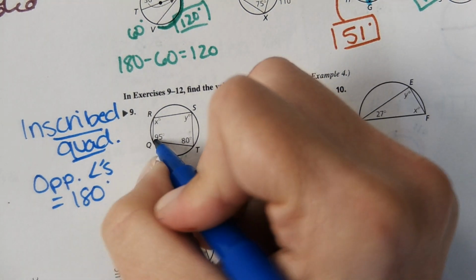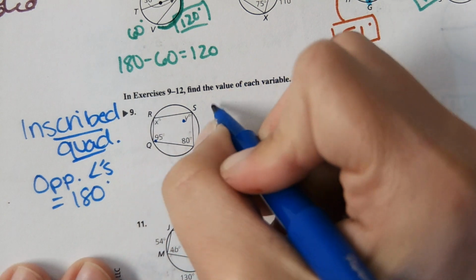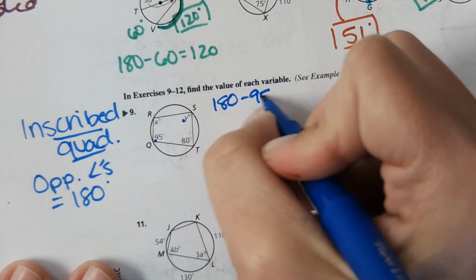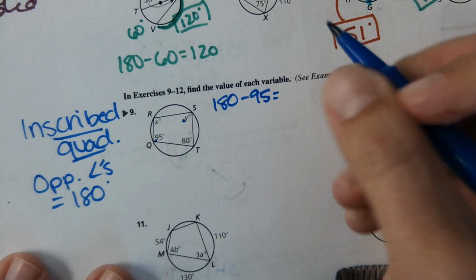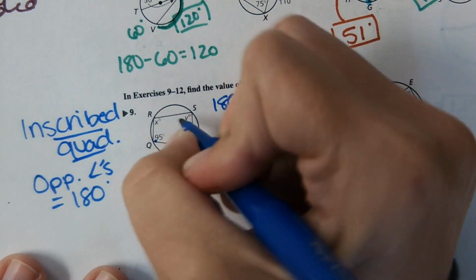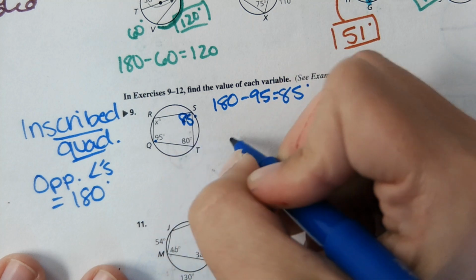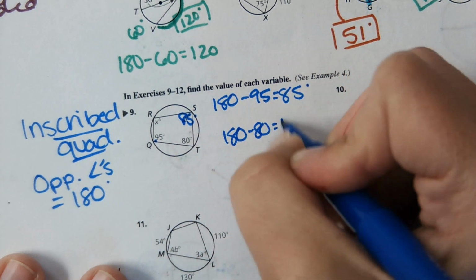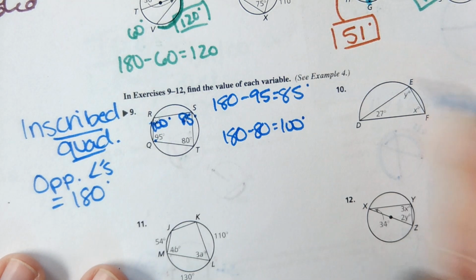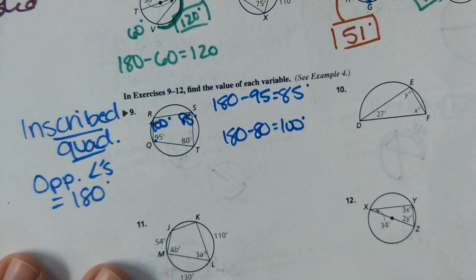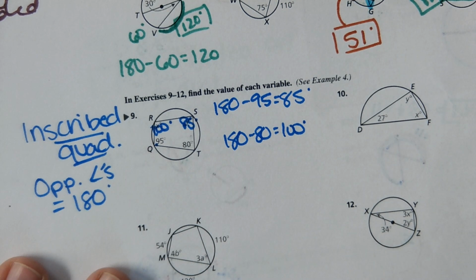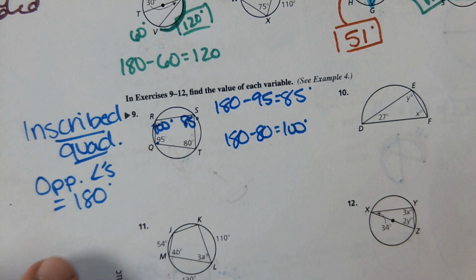So here, like this angle and this angle will add to 180. So 180 minus 95 would be 85 degrees. And then these 2 angles, 180 minus 80 would equal 100 degrees. And that is all for that one.